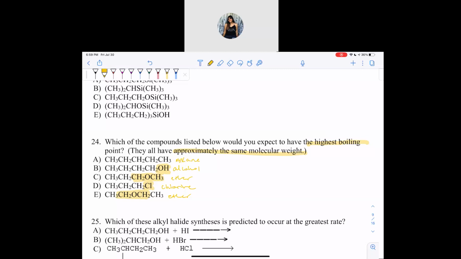You know, they weren't even in the competition, right? We canceled A and D out automatically. And then we knew that alcohols have higher boiling points than ethers. So we know that B is the correct answer. Ta-da.